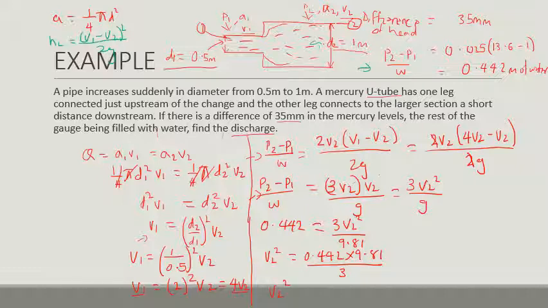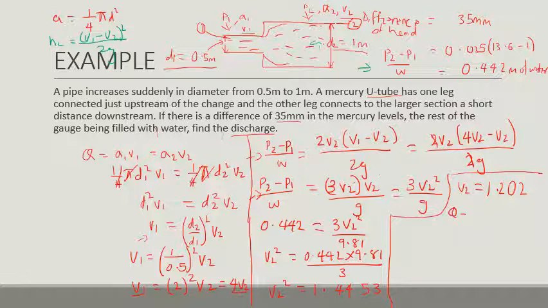V2 square will be equal to, inputting this on my calculator now, 1.4453, and finally V2 will now be the square root of that value, 1.202. But don't forget, what we want to calculate is discharge.